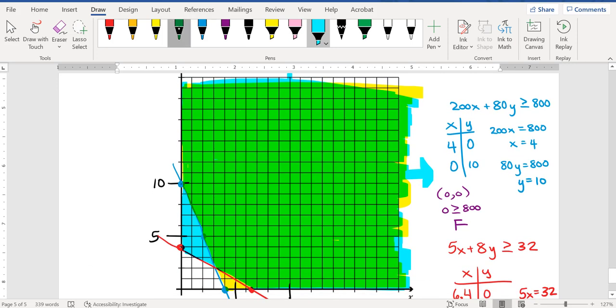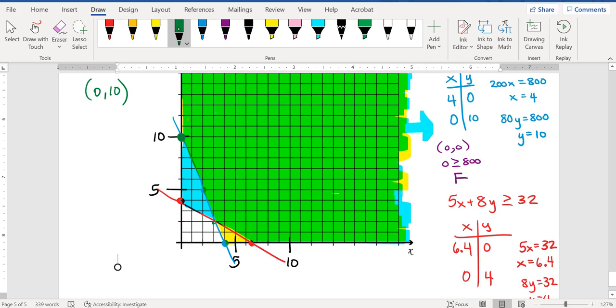My corner points are going to be here, so a corner point is going to be 0, 10. It's going to be this point, which I'm thinking is 3, 2. I'm going to go check that in just a second. And it's going to be this 6.4, 0.